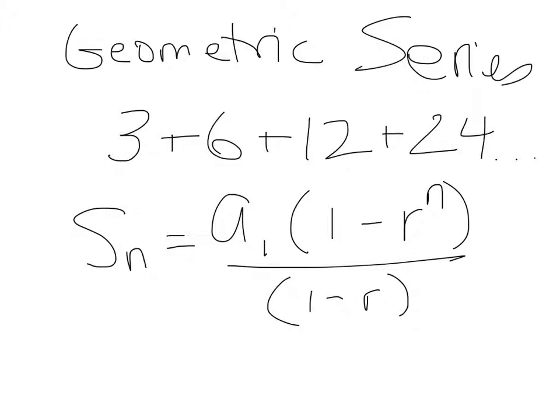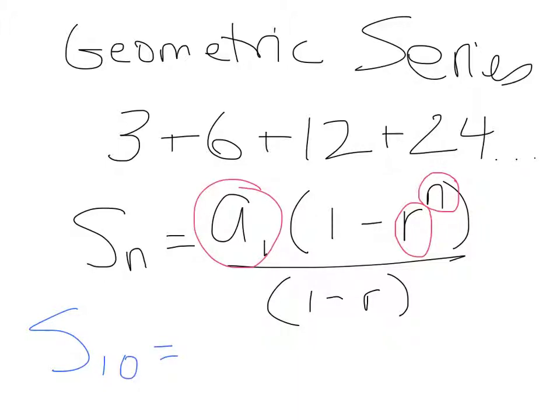You still need to know only 3 things in order to use this formula. The first term, the number you're multiplying by every time, and how many terms you want to add. You don't need to know the last term like you did with arithmetic series. So let's say we wanted to add the first 10 terms. I don't have to list all 10 terms.